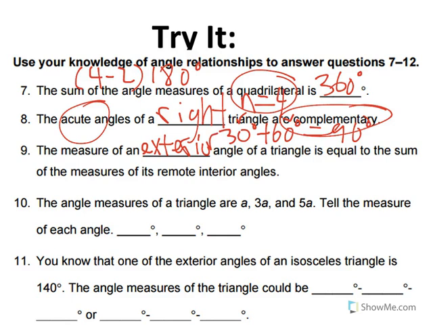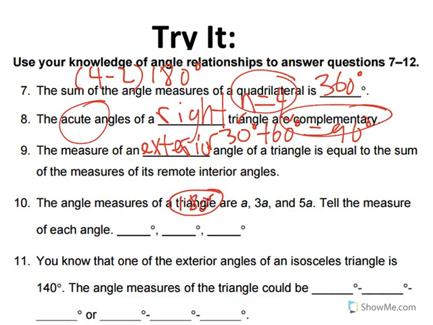And number 10, the angle measure of a triangle are A, 3A, and 5A. Tell the measure of each angle. Right, so here we're working with a triangle, so we know that the sum is 180.